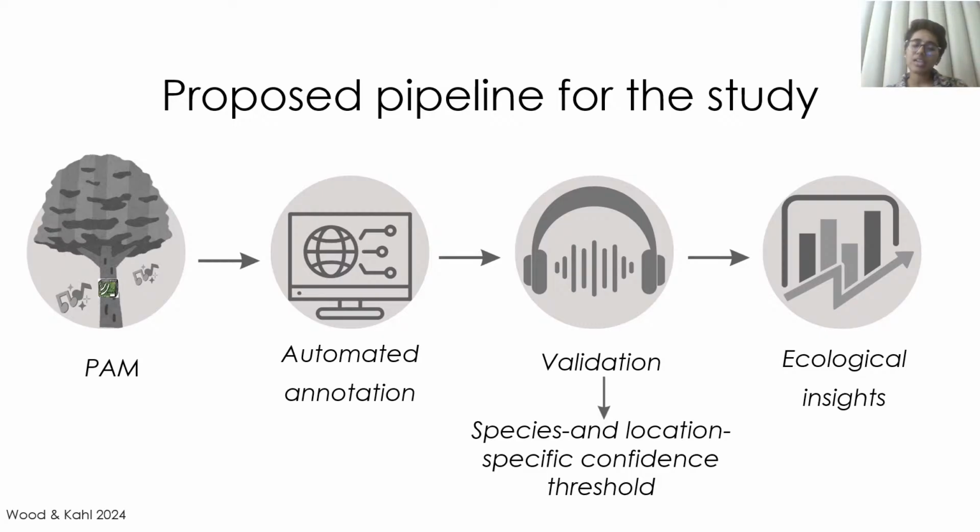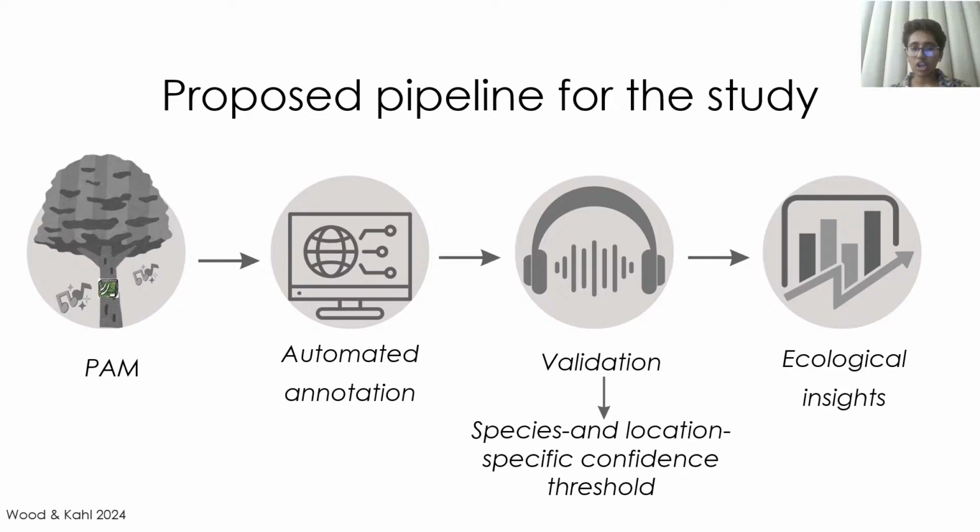So after collecting all the PAM data and running it through BirdNet with a spatiotemporal species filter, we will link the confidence scores with the probability that a prediction is correct. To do this, we will review predictions across a range of confidence scores and indicate whether each prediction is correct or incorrect.